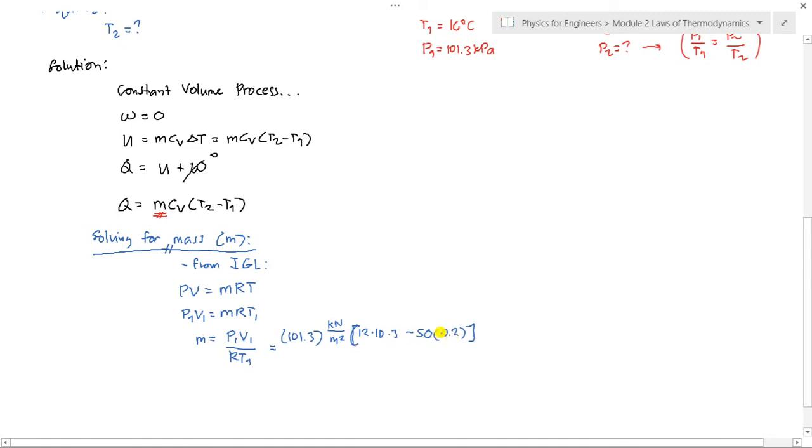So again, the resulting unit for volume is cubic meter. Include the units so that you do not forget them in your final answer.